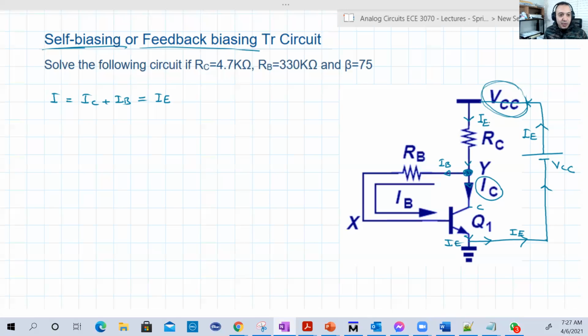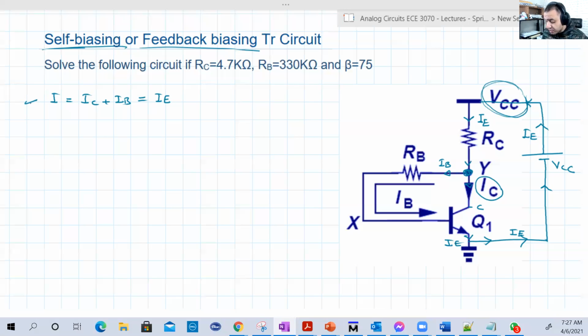Good. Let's see now how to analyze this circuit. How to get the currents, how to get IB, IC, how to get the voltages and so on. Okay. So let's start by this equation that we just read, that I is equal to IC plus IB, which is basically IE. Okay.